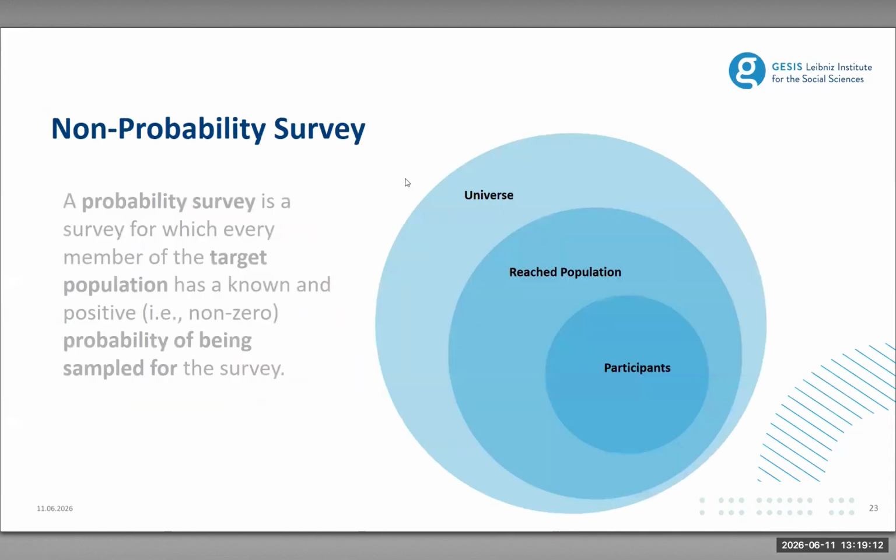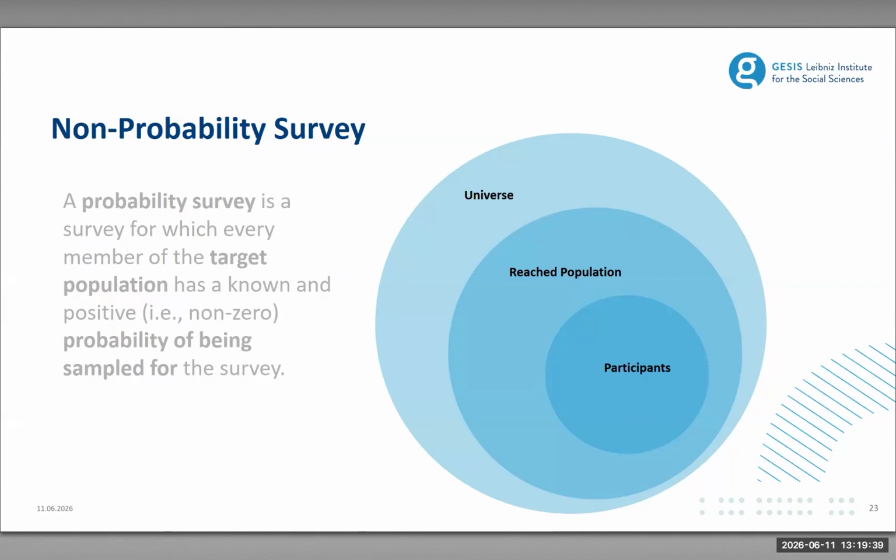So looking at the survey process again for the non-probability survey, and we have the definition of a probability survey as comparison here. We have some participants in the end. So this is similar to the probability survey, but we don't really know anything about the non-participants. So we don't have a frame, we don't have a set of people that we wanted to have in our survey.